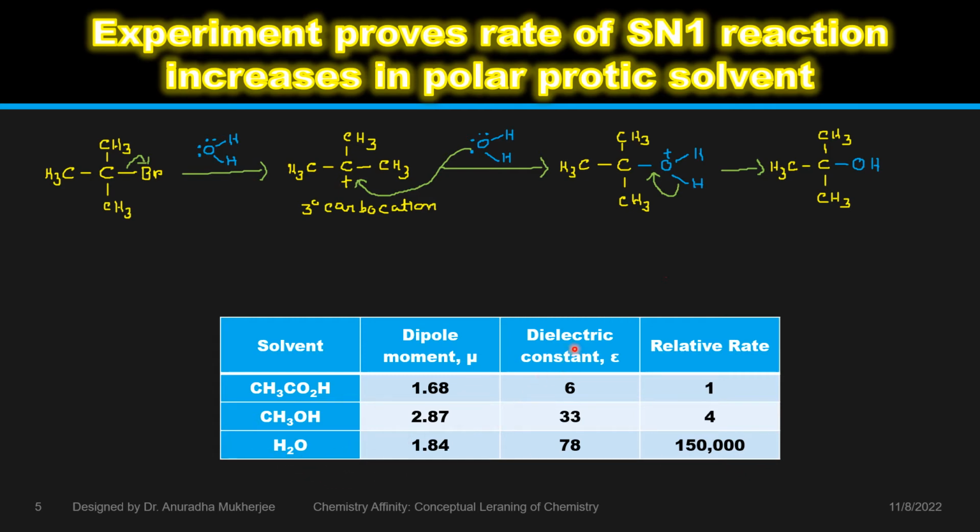Because from the dielectric constant value, it is clear that water is highly polar. So water can make a very strong hydrogen bond with the 3-degree carbocation, and it gives extra stability to the carbocation which facilitates the SN1 reaction.